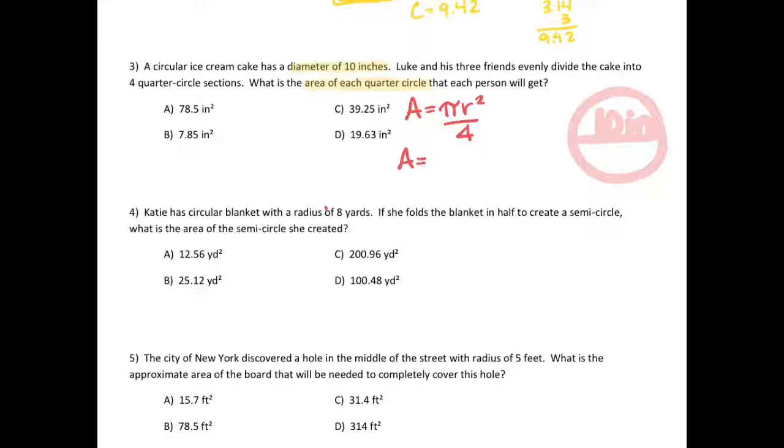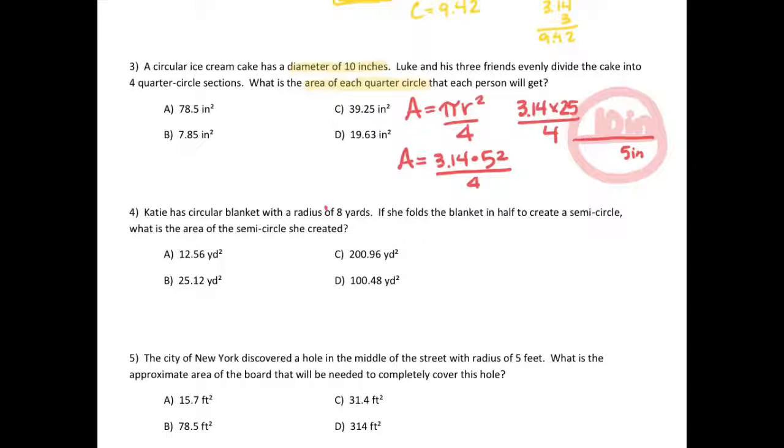So pi is 3.14. If my diameter is 10, my radius is 5. So 5 squared. Okay, I did 3.14 times 5 squared divided by 4. Order of operations tells me I square my 5 first, so it's going to be 3.14 times 25 divided by 4.